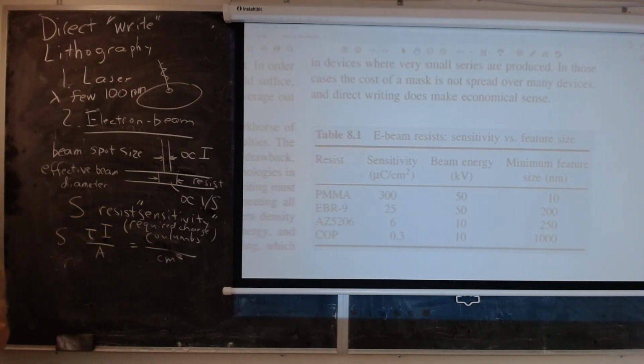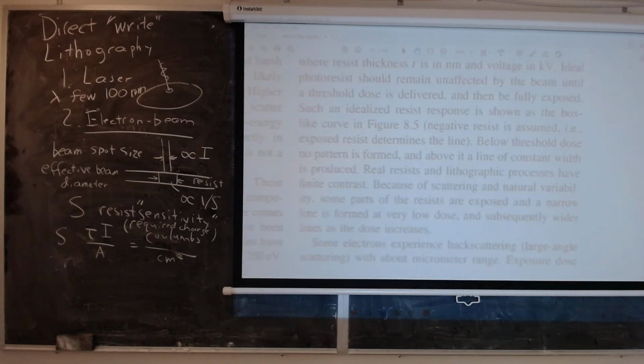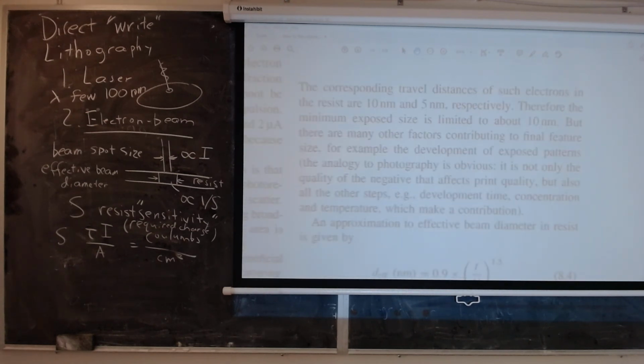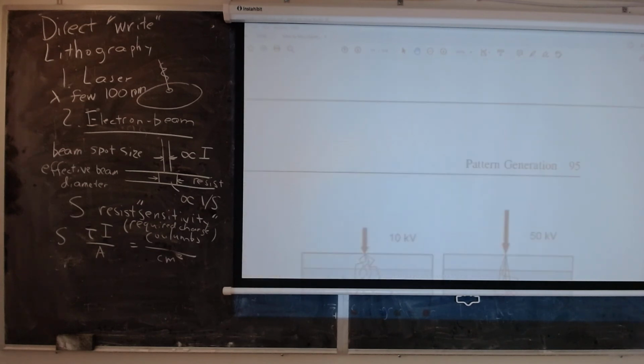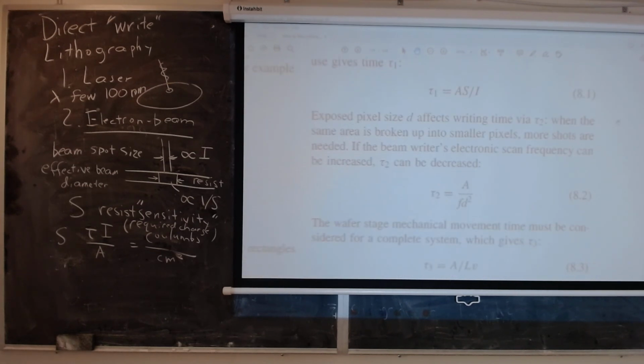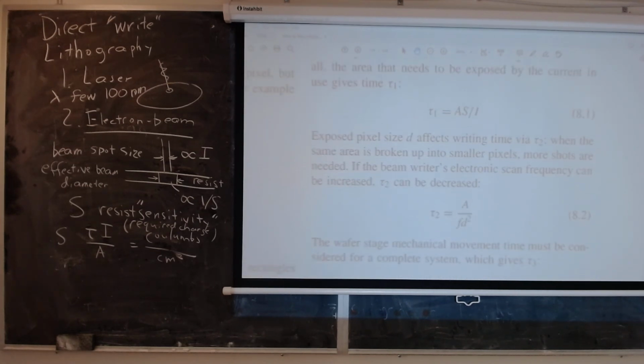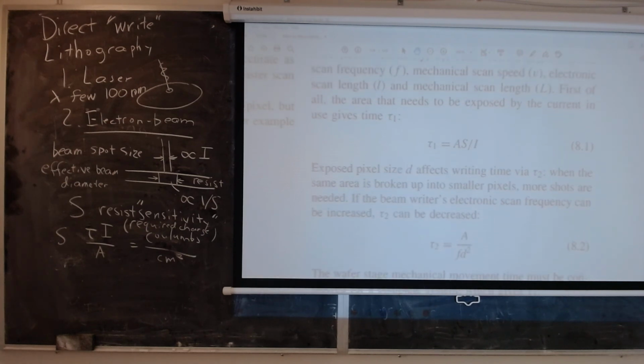All right, so this table shows you that as sensitivity goes up, the feature goes down, which is the opposite of what you want. Getting back to our formula here, I would like to make tau smaller so that it decreases the write time required.